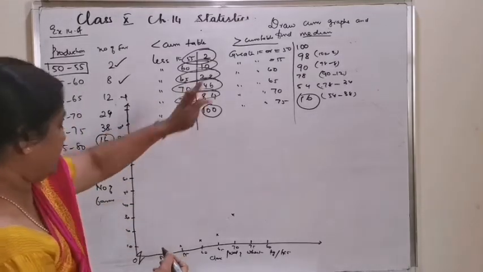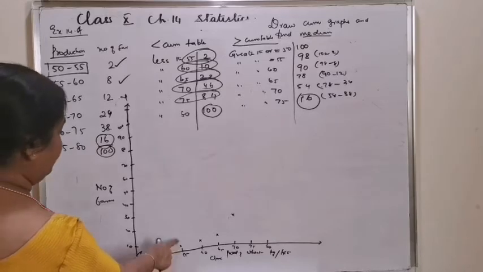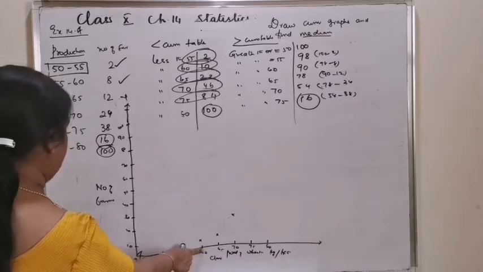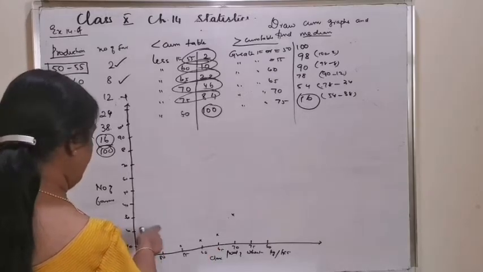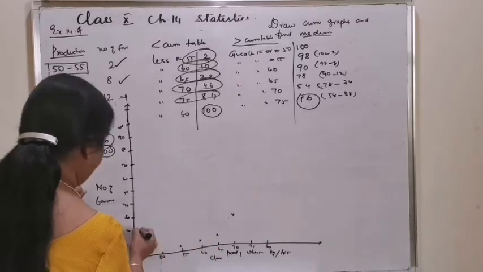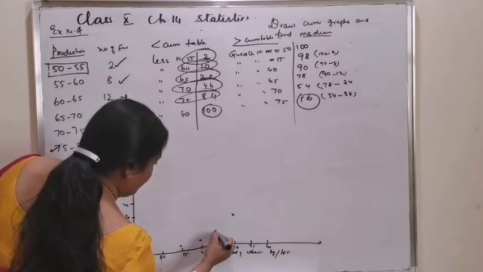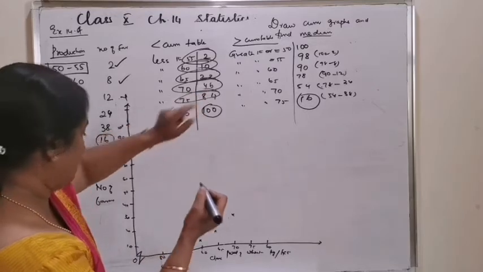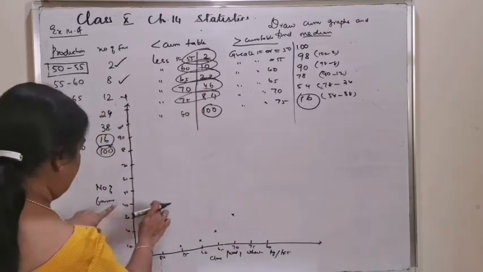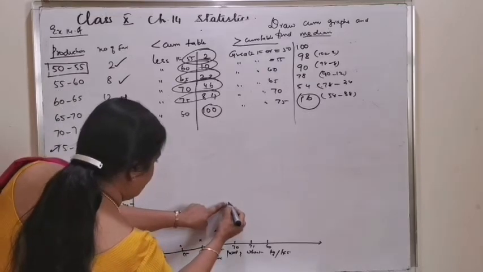65, 22. Less than 55, 2. 60, 10. 65, 22. 70, 46 approximately.